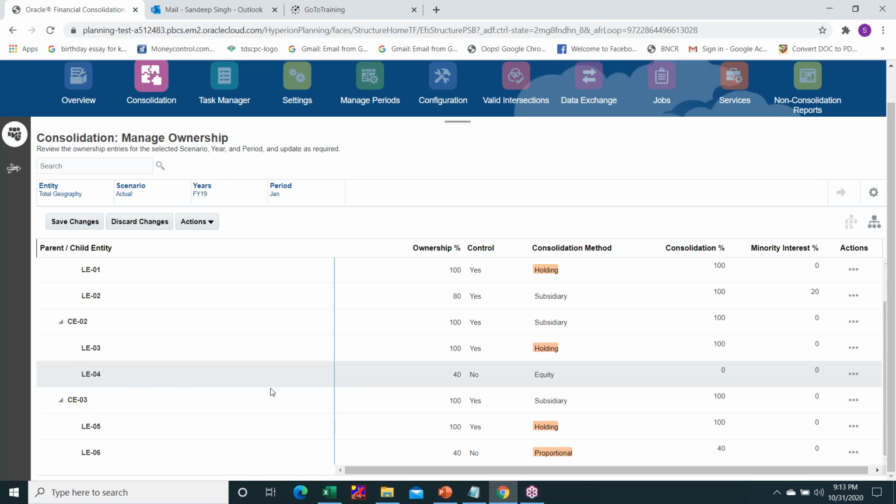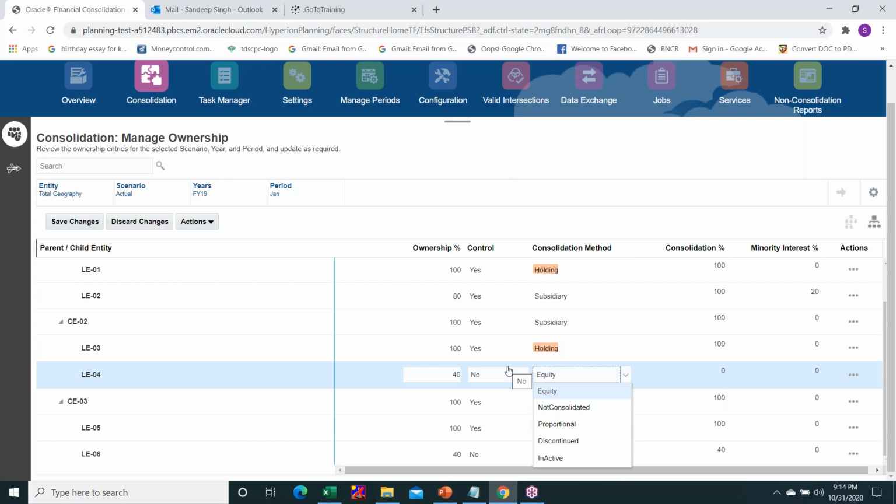Now in this example I have taken the ownership by 40%. So whenever you define the ownership within 50%, you will find only the option of the equity and proportional method of consolidation.